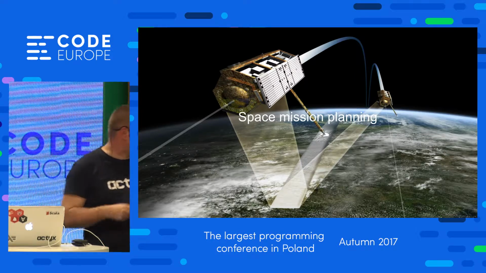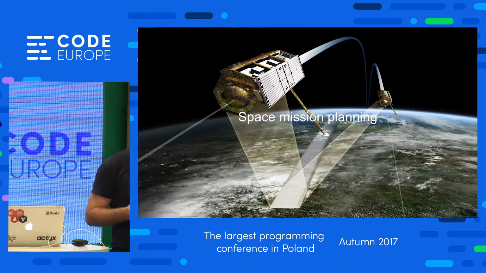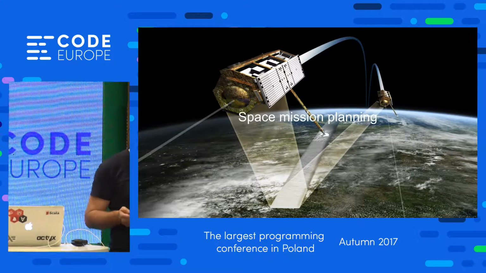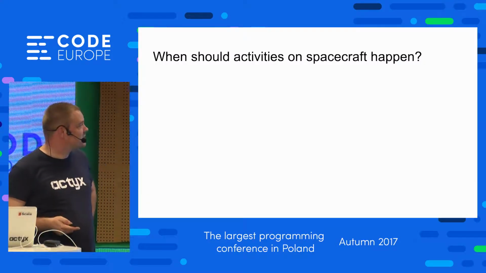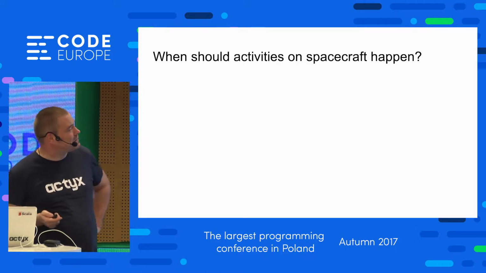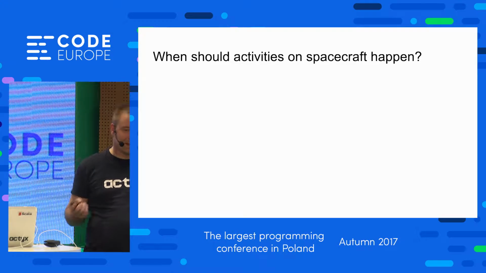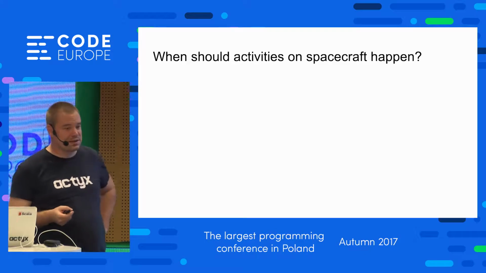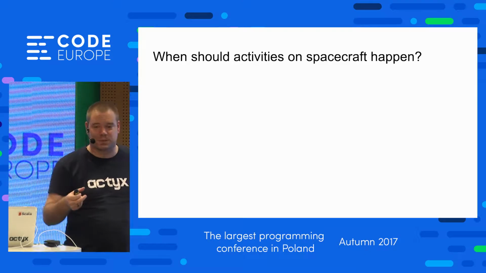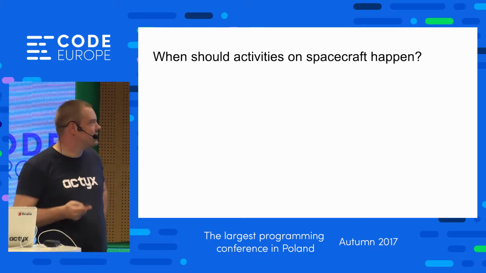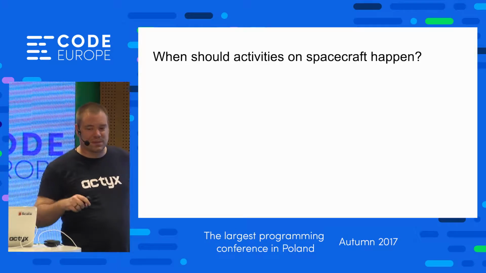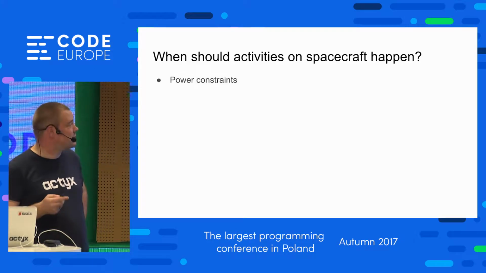We will see that in that much more complex domain, you'll have the exact same problems as in the simple example of calendar scheduling. So when should activities on a spacecraft happen? An activity would be something called a data take, which is taking a picture, basically, in a very simple way. Every single thing that happens on a spacecraft can produce a constraint.